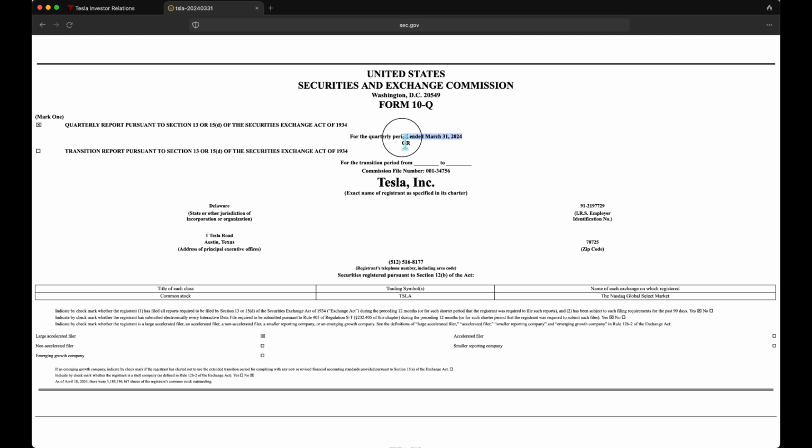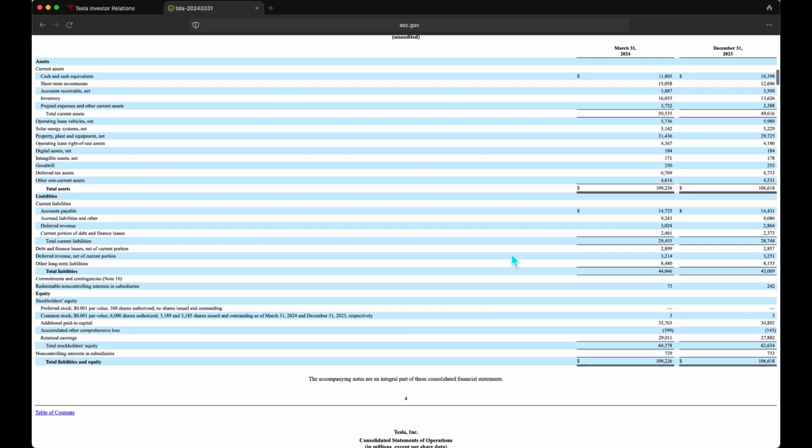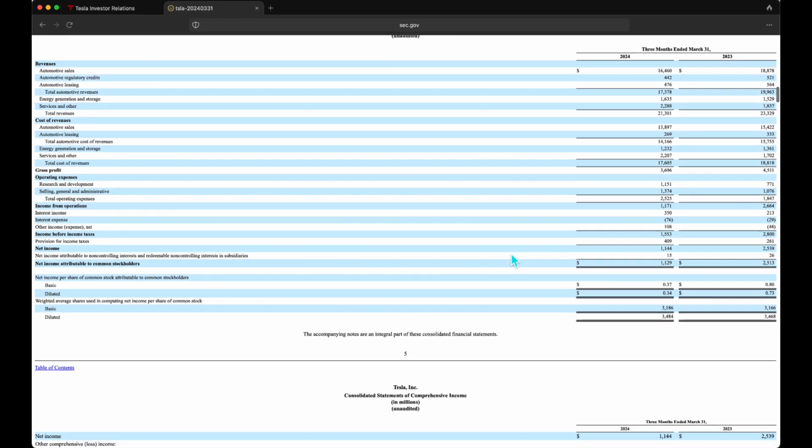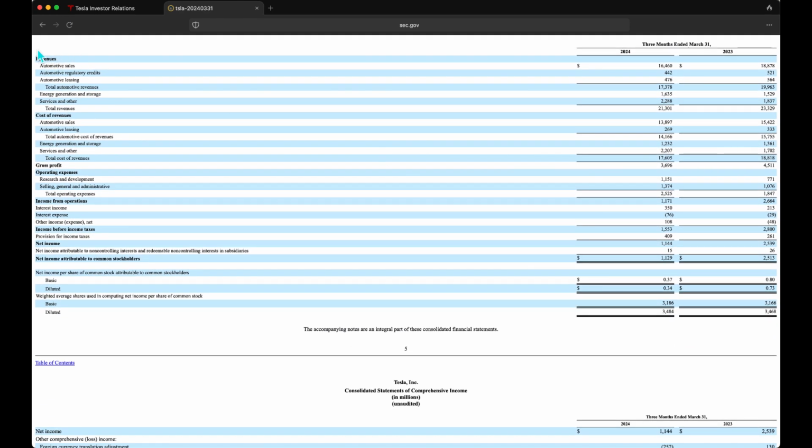Here we have that the report is for the quarter ending March 31st, 2024 for Tesla Inc. You can see their main office, which is 1 Tesla Road, Austin, Texas, and the zip code on the right. But what we're looking for is the EPS. So let's scroll down a bit to right here. So the EPS, we know we need the revenues and the costs.